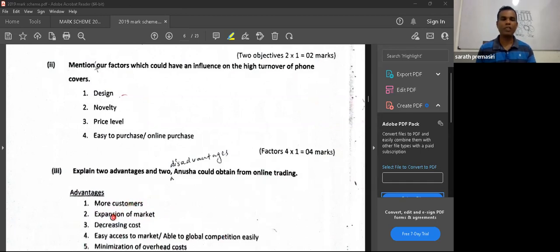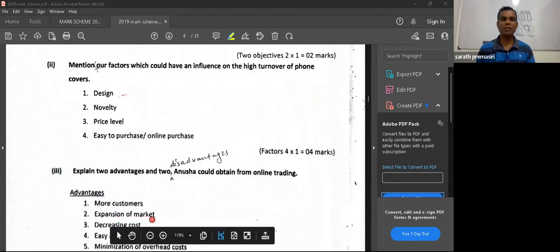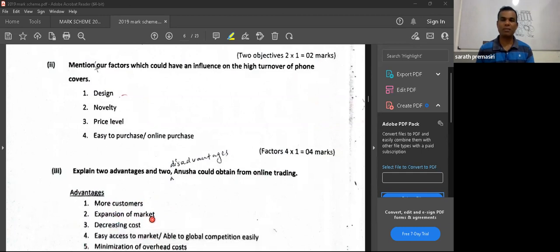She is able to expand her market. She is able to expand her market share, because you see, expanding market share is one objective of business.